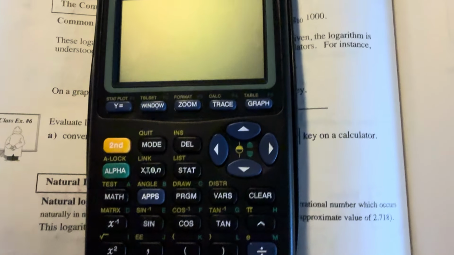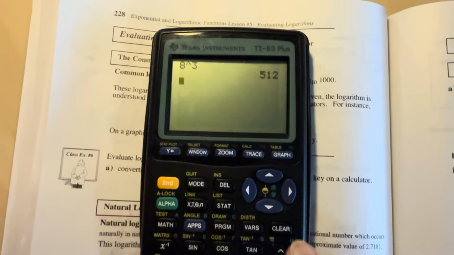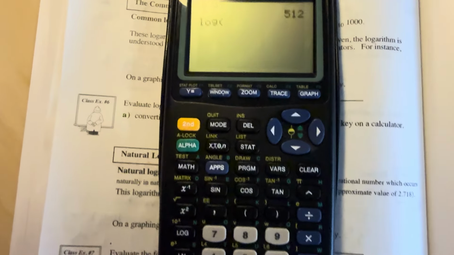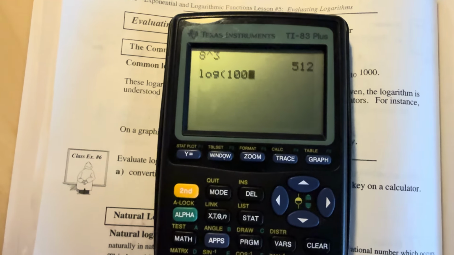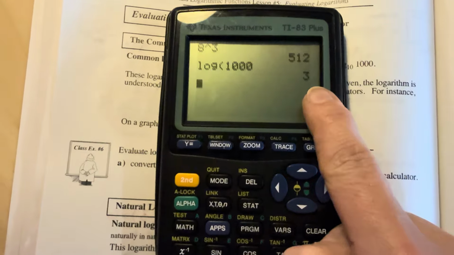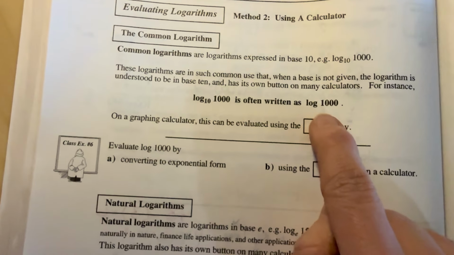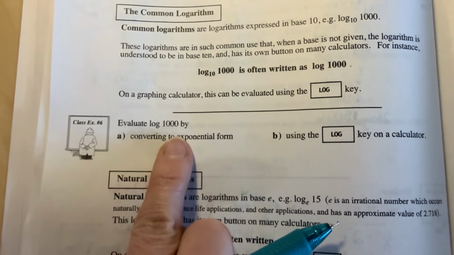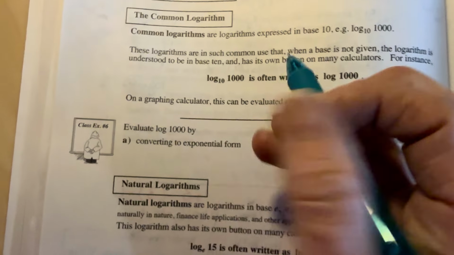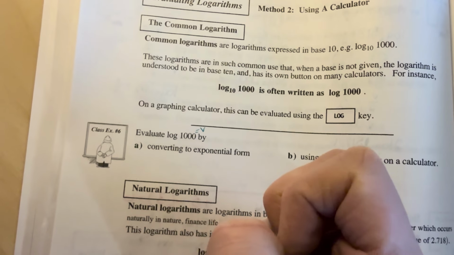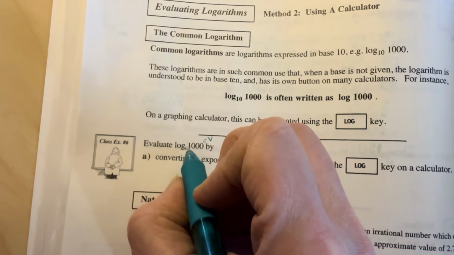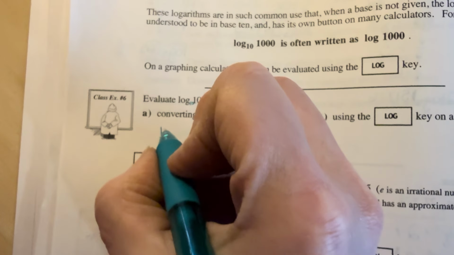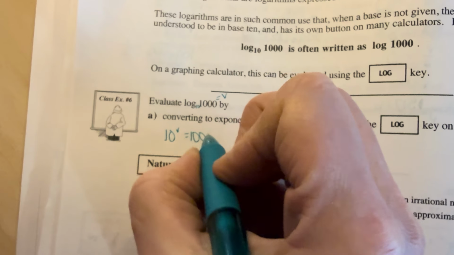Okay, and so I've got this one here. Of course, there are all the different ones, but here's the log right there. So log of 1,000 is equal to 3. That's how you would evaluate it. That makes sense because if we convert to exponential form, this is equal to v, and I would write in a 10 there because I need to remember that I'm raising it: 10 to the power of v is equal to 1,000.